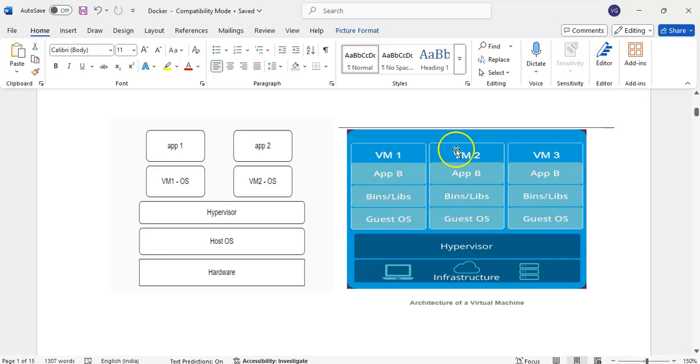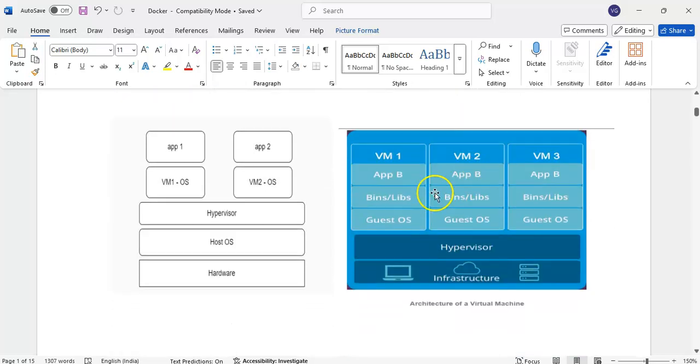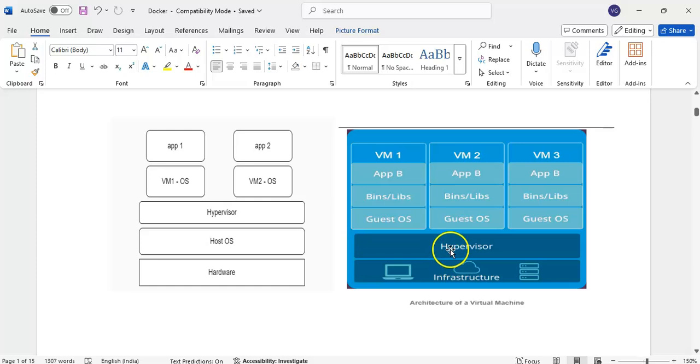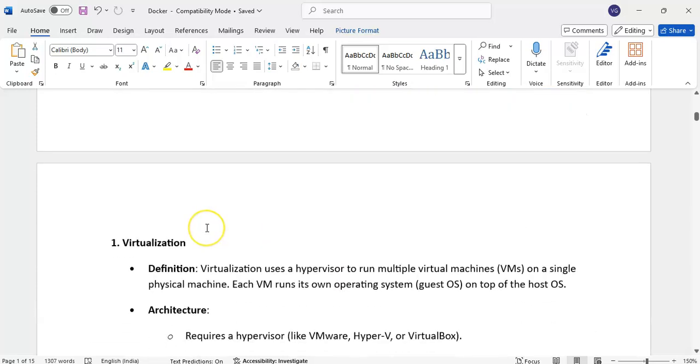Suppose we take VM1, VM2, VM3. Each virtual machine has its own OS again. From the main OS, it will create a guest OS for each VM by using this hypervisor software.